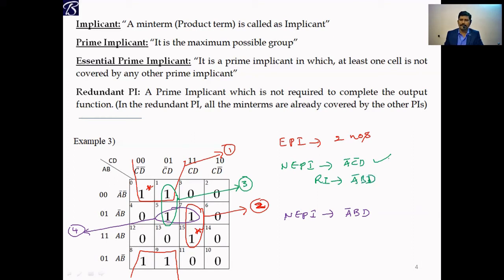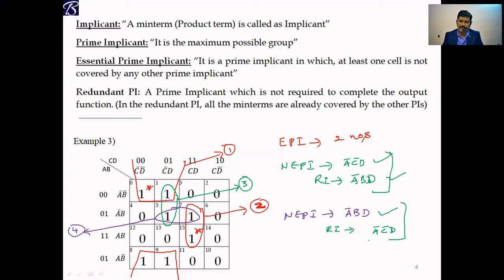If you take this non-essential prime implicant green one, then this violet one becomes redundant. Suppose to complete the output function, if you take this A bar BD, violet, then this green becomes redundant from that time. So redundant implicant in this case, it is A bar C bar D. A bar C bar D, right?